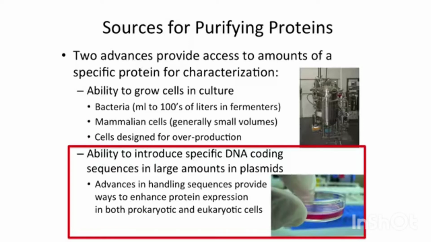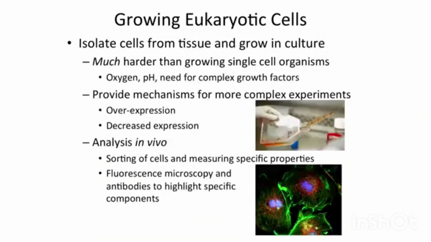I just want you to have in your mind that there are ways to enhance the amount of protein produced. And this ability to grow in large quantities and to handle proteins and DNA in new ways has allowed protein expression in both prokaryotic and eukaryotic cells of proteins that historically, even 10 years ago, would have been very difficult to isolate.